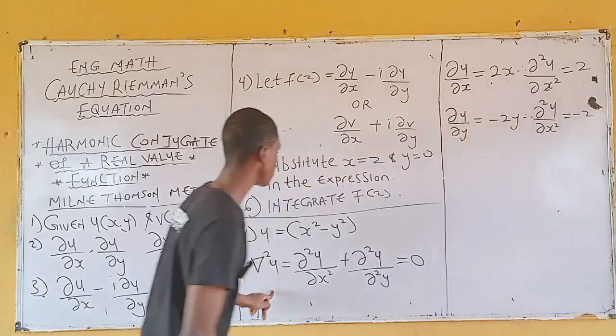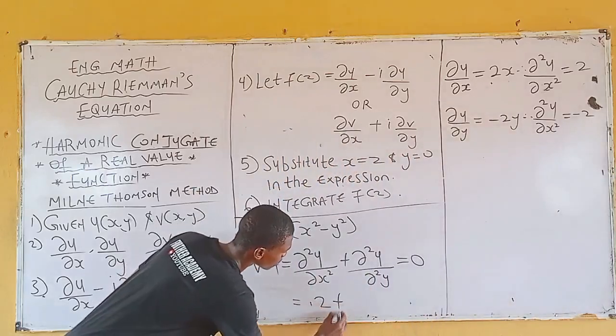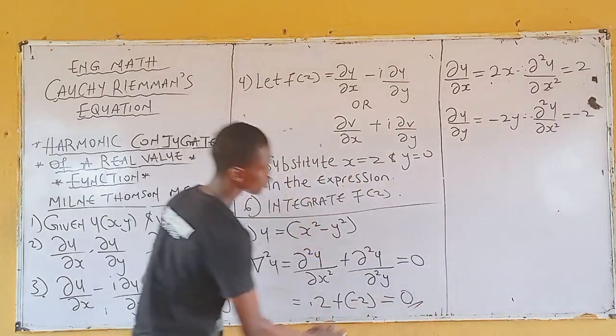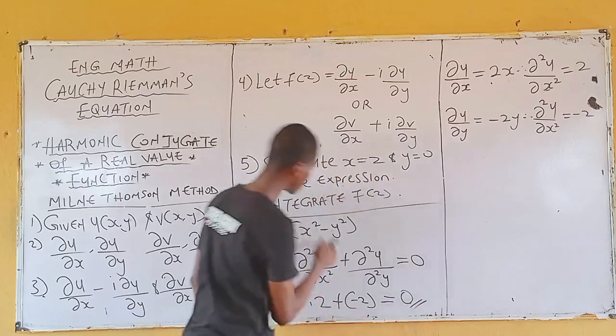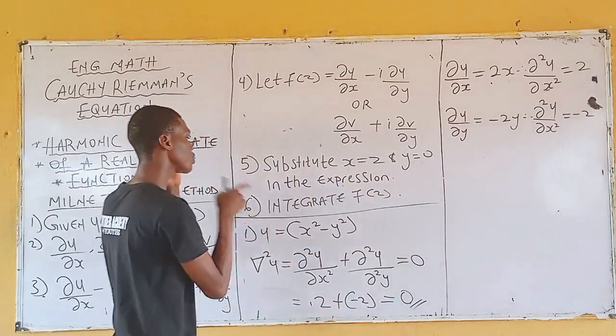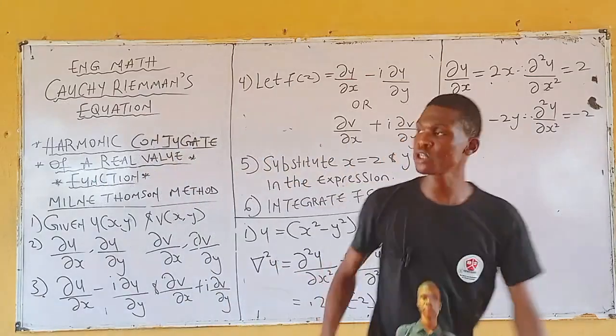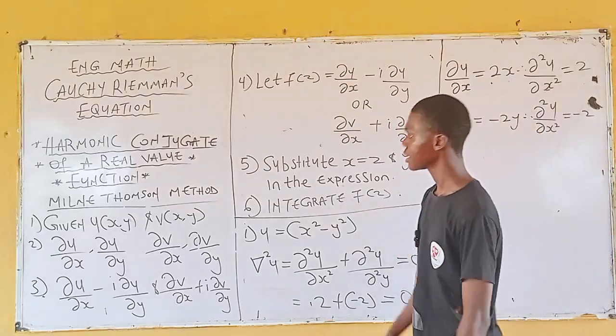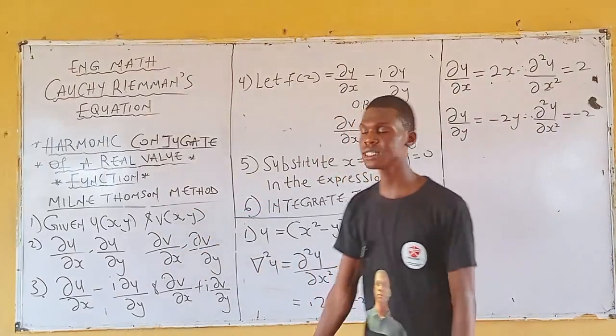Now substitute: 2 plus negative 2 equals 0. It means this given function is a harmonic function. Because it is harmonic, the harmonic conjugate exists.